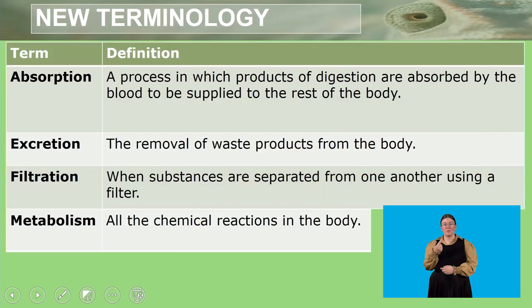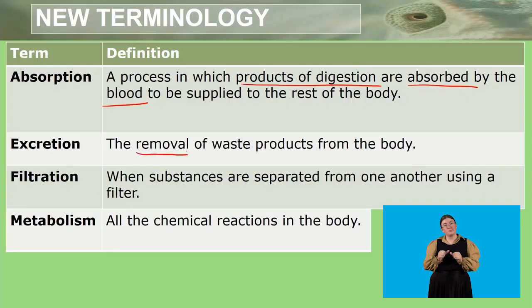Okay, we are going to come across the following terms when going through today's topic on the excretory system. We are going to look at the process of absorption. This is a process in which products of digestion are absorbed by the blood to be supplied to the rest of the body. Remember, you need energy to continue with life processes.